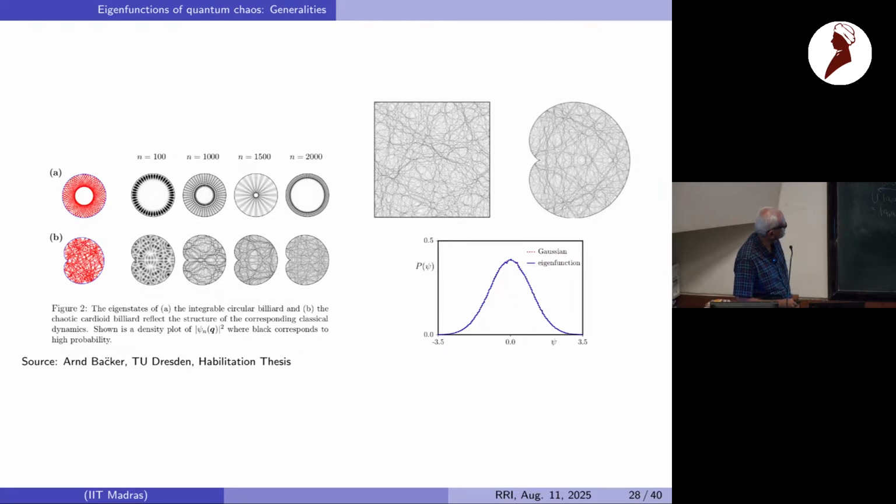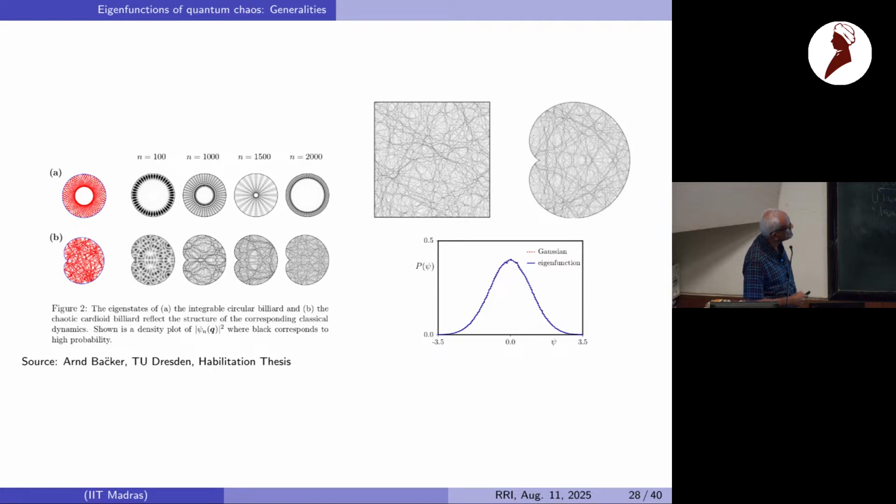Here is from Arnd Bäcker's thesis. He's done a lot of work on billiards, especially with cardioid billiards. We already mentioned the cardioid billiard in an earlier lecture. Circular billiard is integrable. Here is one classical orbit, and then a bunch of quantum objects. What is plotted here is modulus psi squared in position representation.